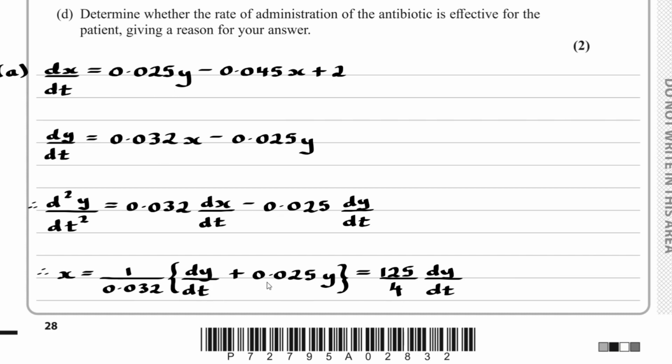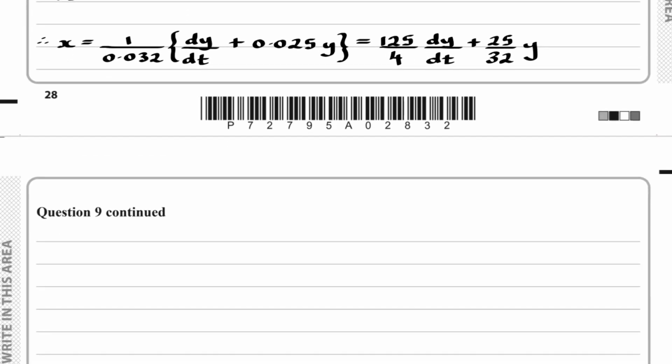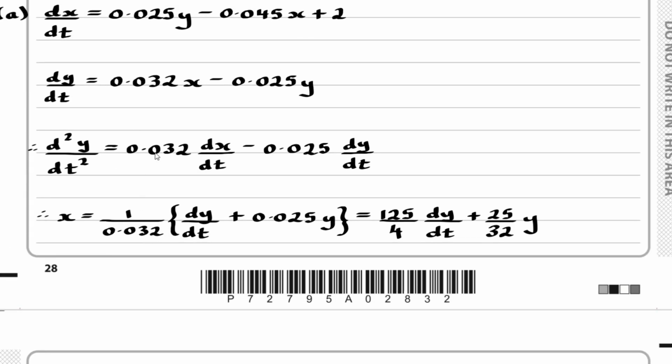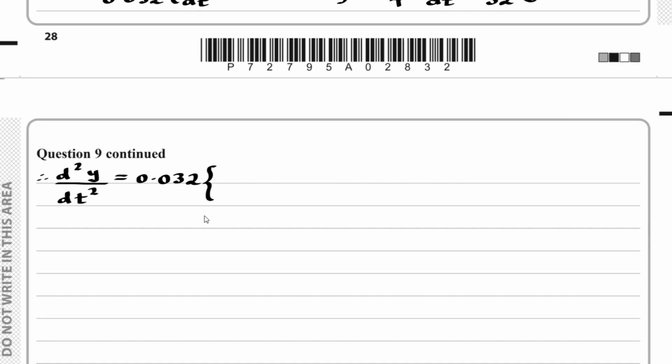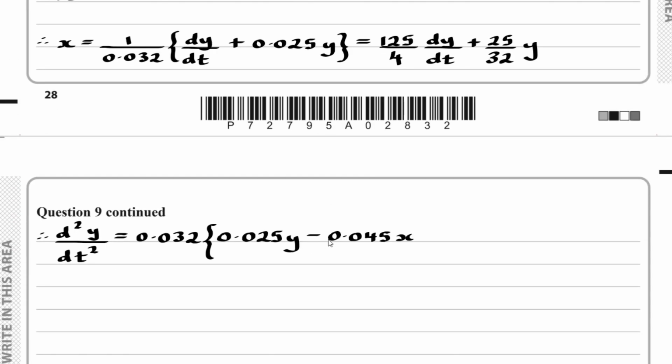We then multiply that by dy over dt, and 1 over 0.032 multiplied by 0.025y is 25 over 32y. So now, d squared y over dt squared, we've got 0.032 multiplied by dx over dt, and dx over dt is 0.025y, subtract 0.045x plus 2, and then we subtract the 0.025 dy over dt.